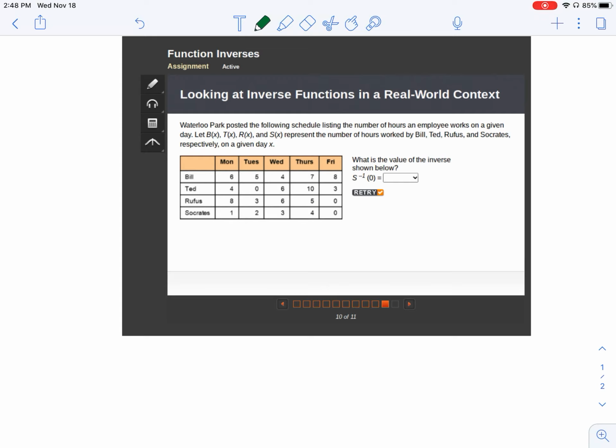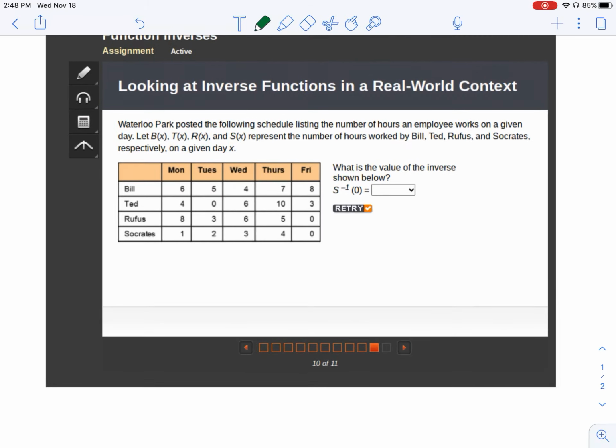Let B of x, T of x, R of x, and S of x represent the number of hours worked by Bill, Ted, Rufus, and Socrates, respectively, on a given day x. What is the value of the inverse shown below? They want us to find an inverse, but we don't have an equation.